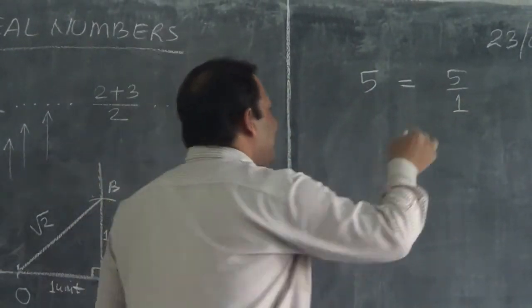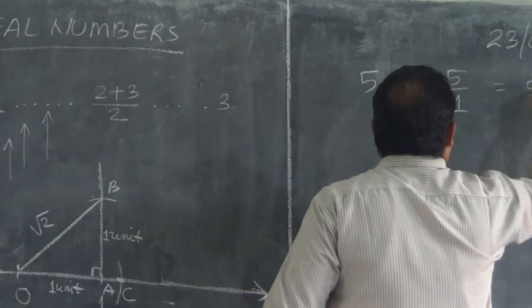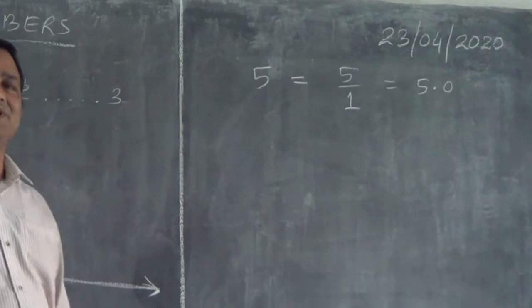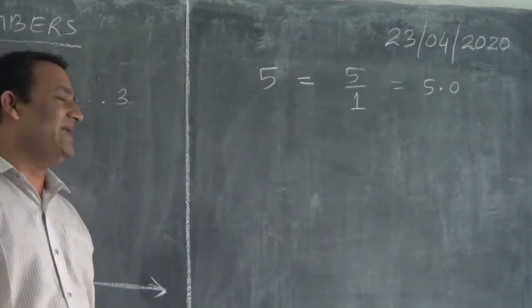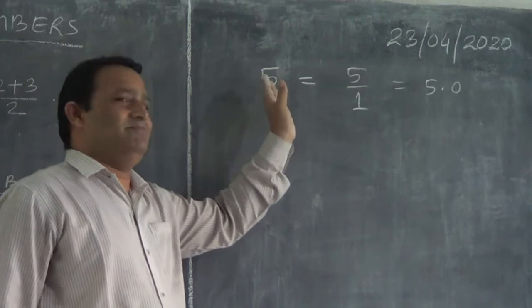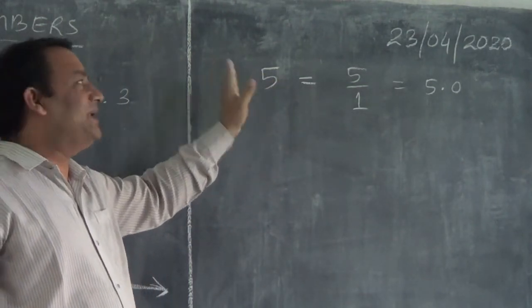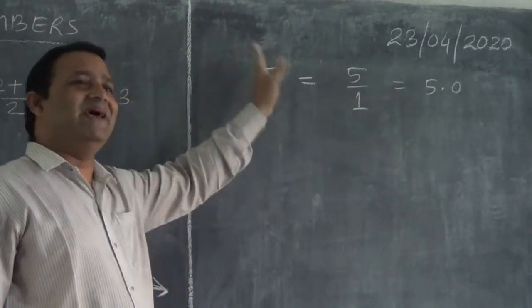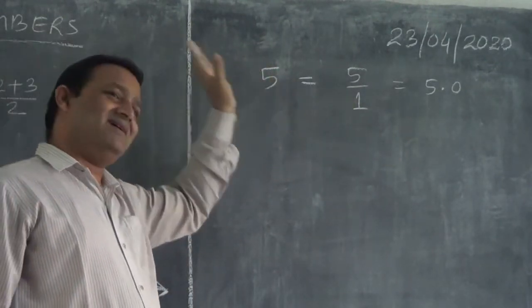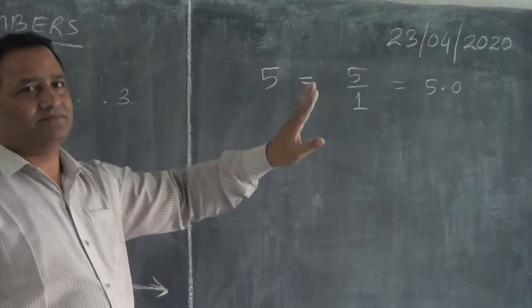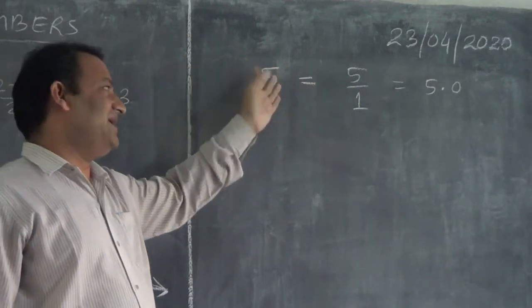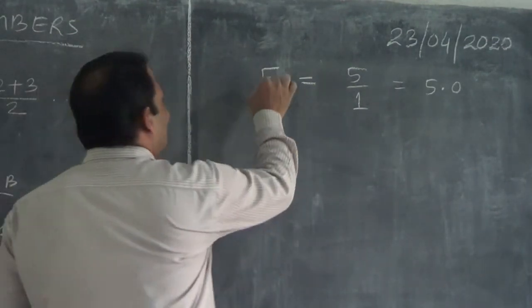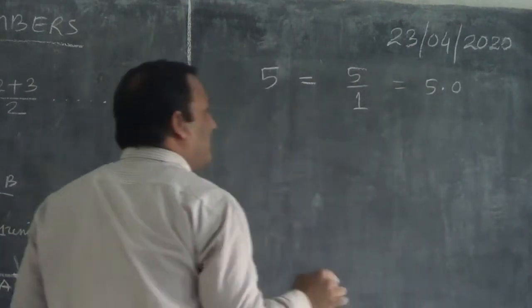And the number 5 can also be written in decimal form. 5 means 5.0. We are learning decimal expansion of real numbers. Every real number can be written in decimal form, rational as well as irrational. 5 can be written in the form of 5.0.